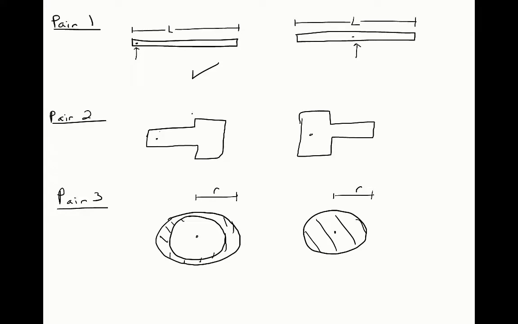In pair 2, the first object again has more moment of inertia because more of the mass over here is further away from the axis, whereas most of the mass is over here near the axis. In the third case, because the mass is all concentrated on the outside of the hoop rather than distributed all over, the first object in the pair has a greater moment of inertia.